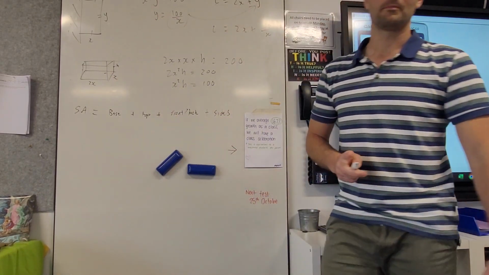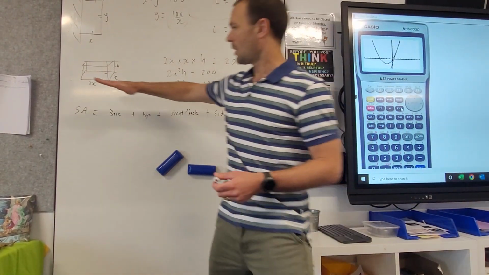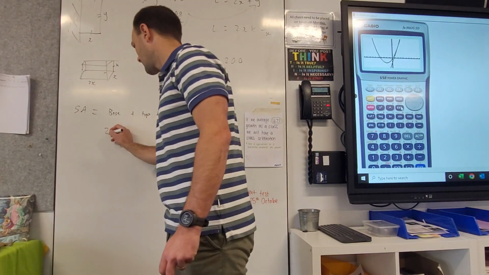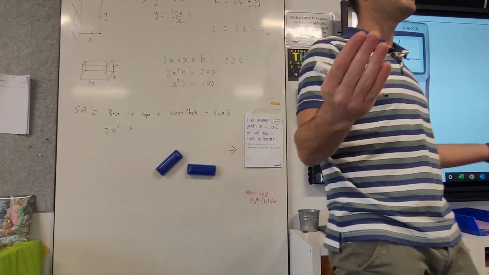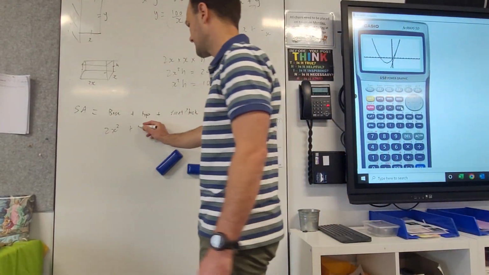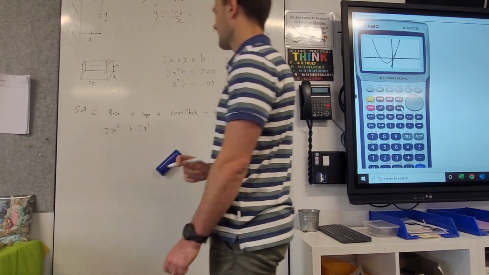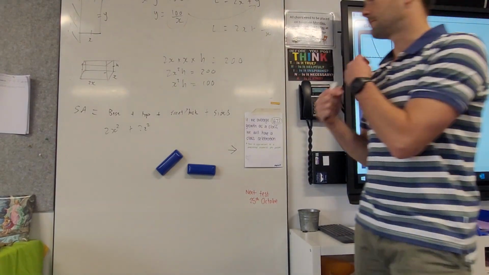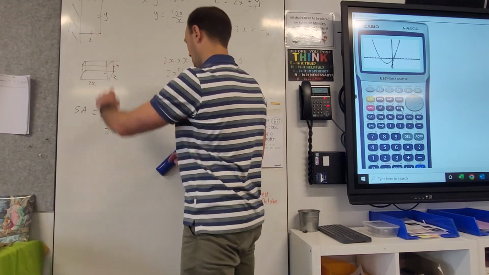All right, so I'm probably writing it out in a fairly elongated fashion, but we've got the base, right? The base is 2x times x. So the base is 2x squared. The top has the same dimensions, 2x times x, which is 2x squared. Okay, then we've got the front and the back. Now the front is 2x by h, and so is the back, 2x by h.